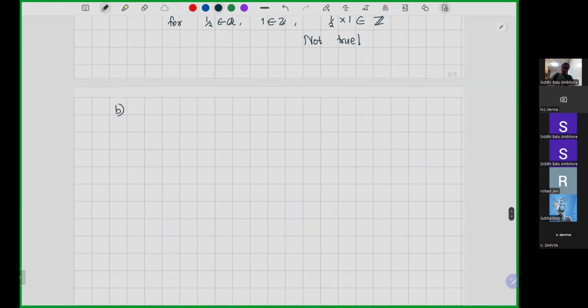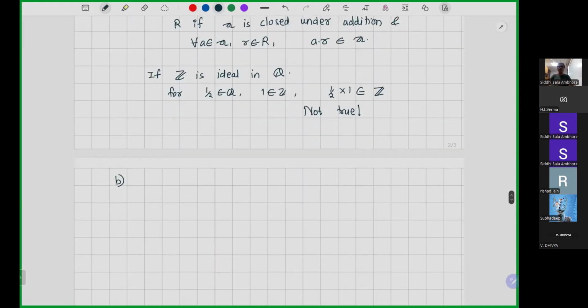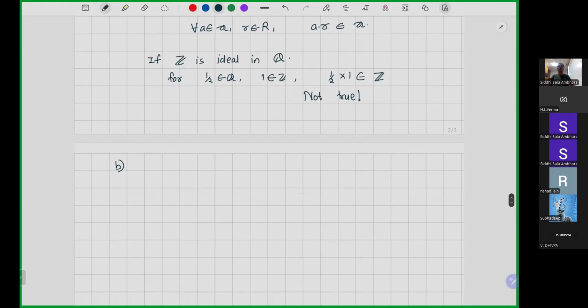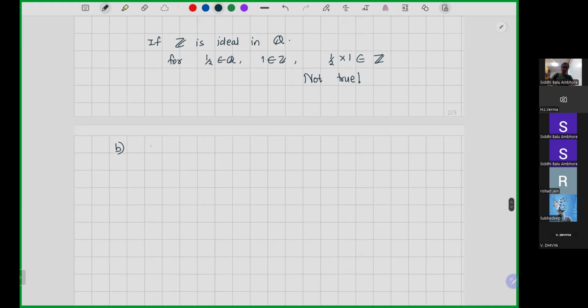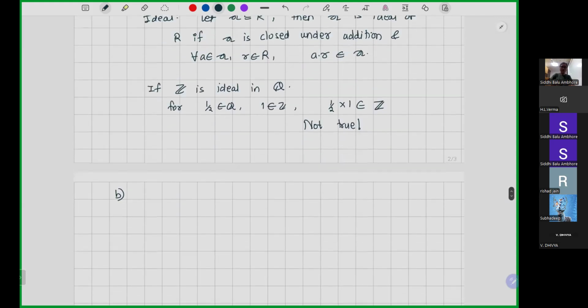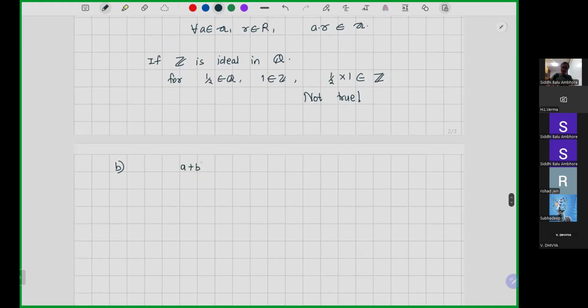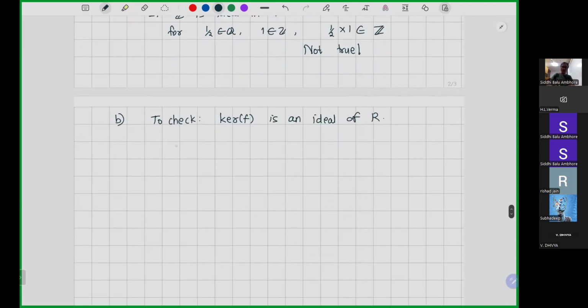Okay, so B part, and B part is what? That kernel F is an ideal of R. So we have to check that it is closed under addition, meaning a plus b.